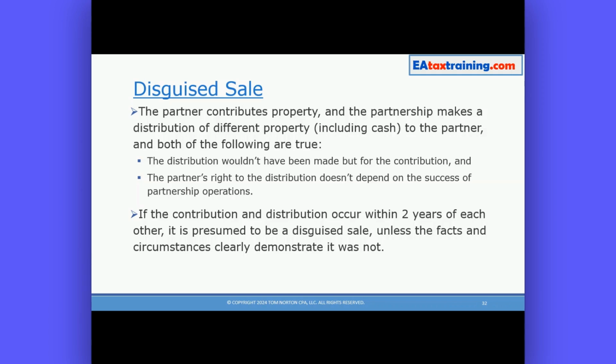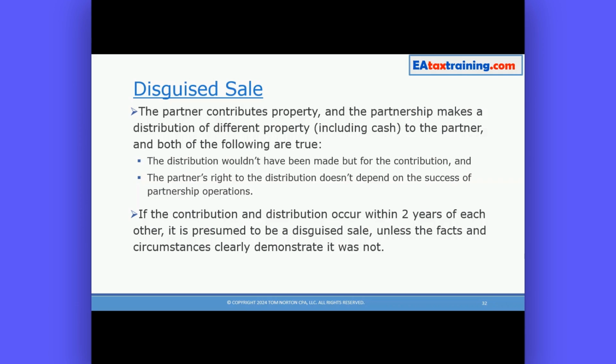This is when it is going to be considered a disguised sale. You contribute the property, you get some other property back out, which might be cash, and you would not have gotten that distribution if it weren't for the fact that you had made the contribution of the property, and the distribution that you got was not dependent on whether or not the partnership itself made a profit. You were getting that distribution regardless. That would be considered a disguised sale.